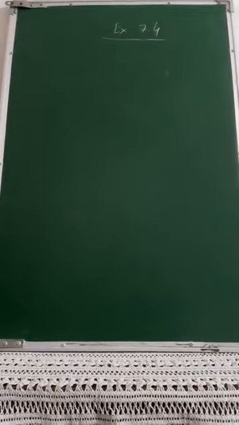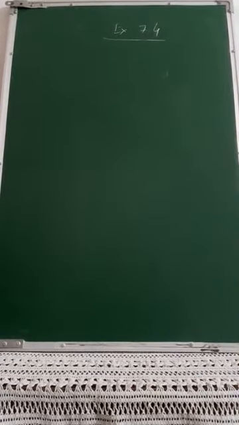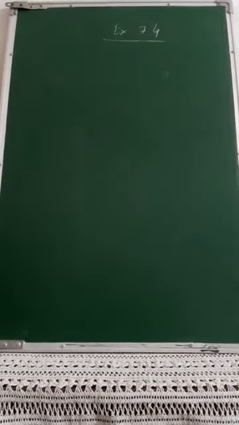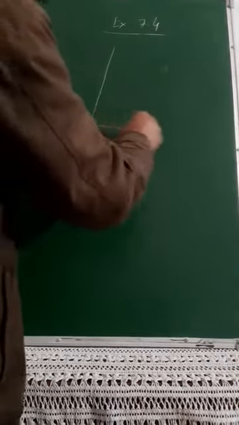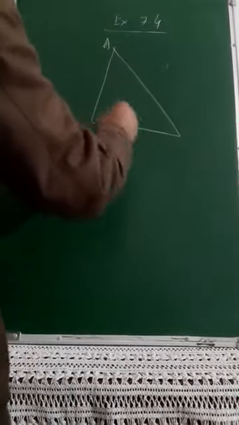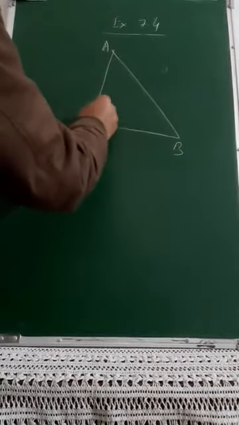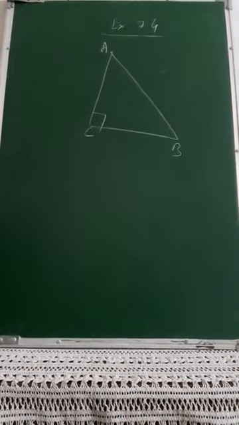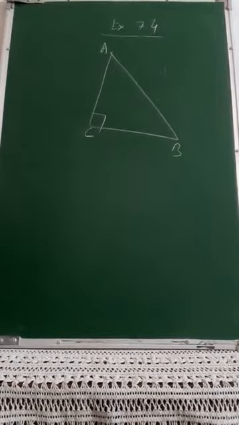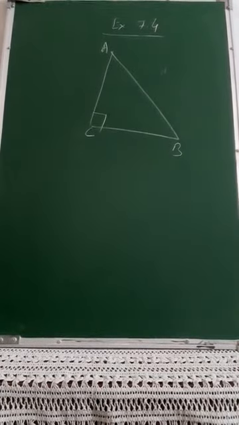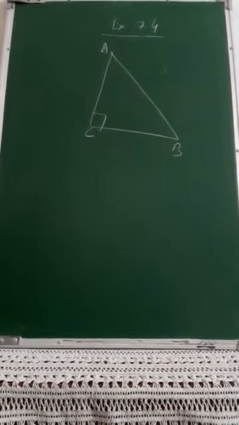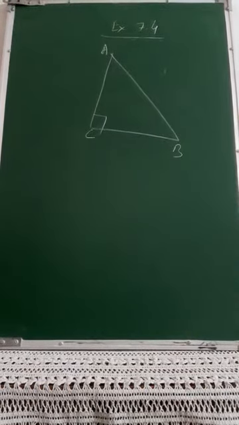Show that in a right angle triangle, the hypotenuse is the longest side. Very interesting. A, B, C. This is the right triangle. So I will take your time to give you the explanation of these questions. Within today's lecture and tomorrow's lecture, I will finish this exercise for you.